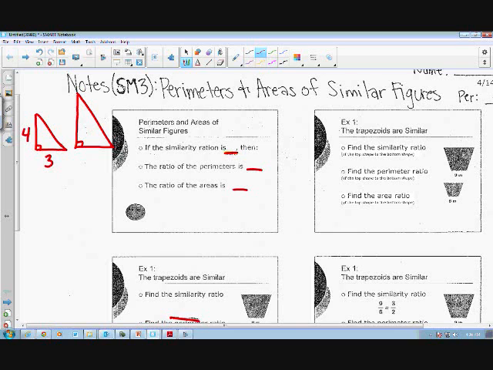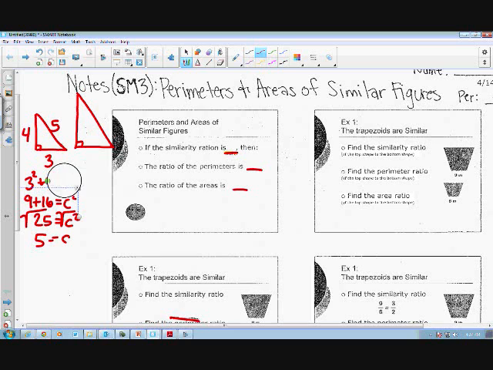The height is 4. If we use the Pythagorean theorem, 3 squared plus 4 squared equals c squared, we can find the length of the hypotenuse. 3 squared is 9, plus 16 equals c squared. 9 plus 16 is 25, equals c squared. Take the square root, and c equals 5. That's a very common right triangle, where the Pythagorean theorem works out nicely, which is why I chose it.